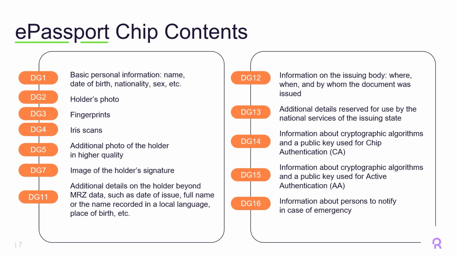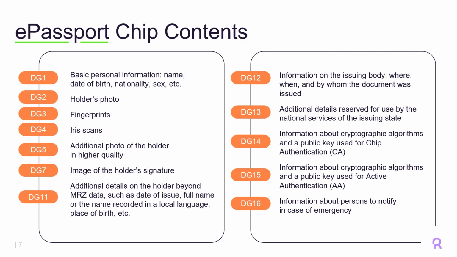DG7 stores the digital signature. DG14 and DG15 hold cryptographic information used for chip and active authentication. DG13 is reserved for national use. Each data group is stored separately, which improves both privacy and security. Access can be controlled based on who is requesting the data and why. For example, routine checks versus border control.